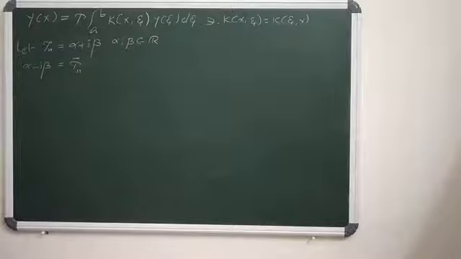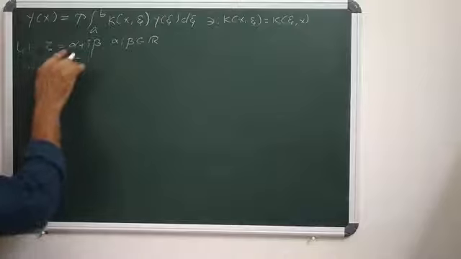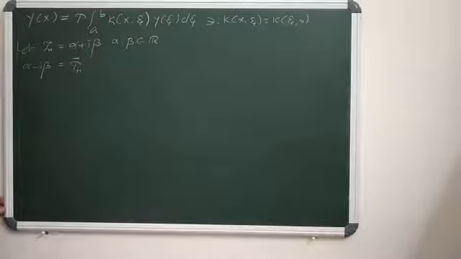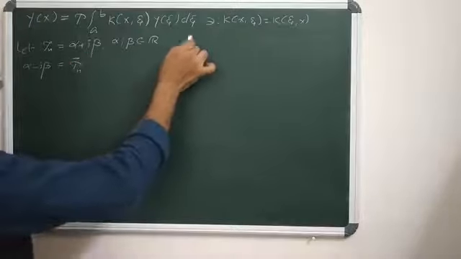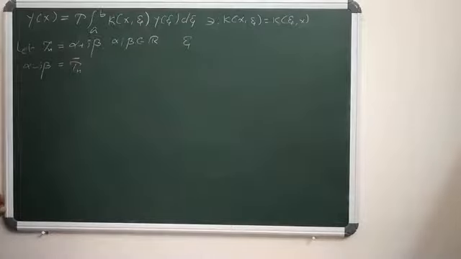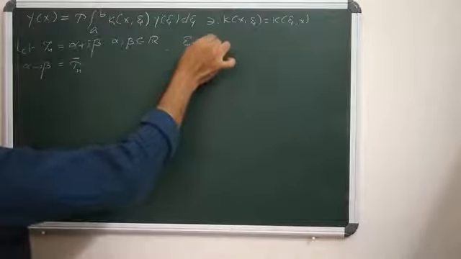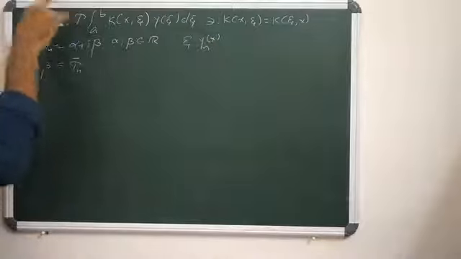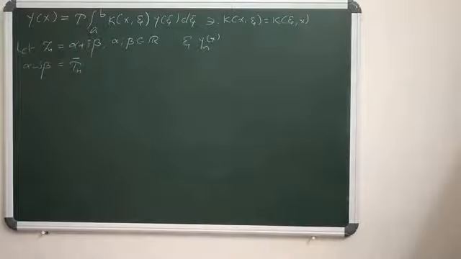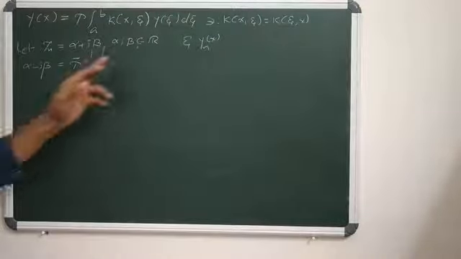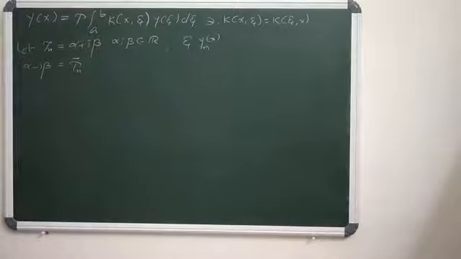Lambda n equals alpha plus i beta, and its complex conjugate is lambda n bar, so it is alpha minus i beta. If lambda n is the characteristic value, then its corresponding characteristic function is y_n(x).